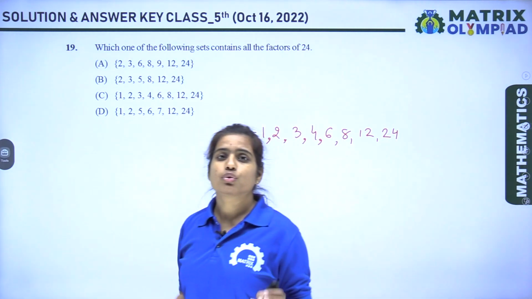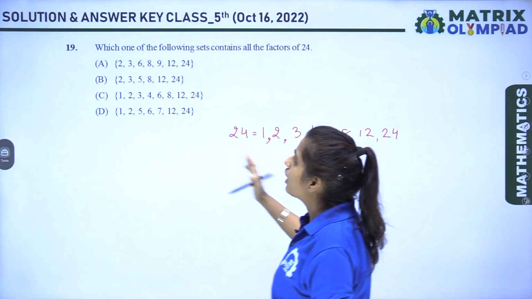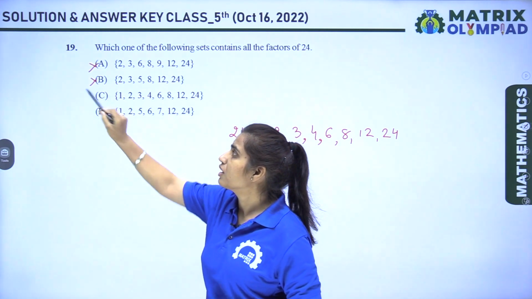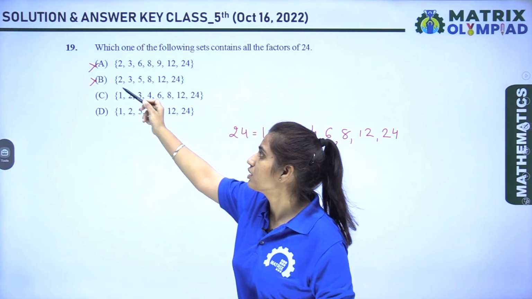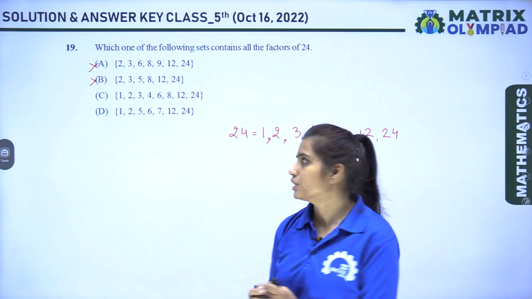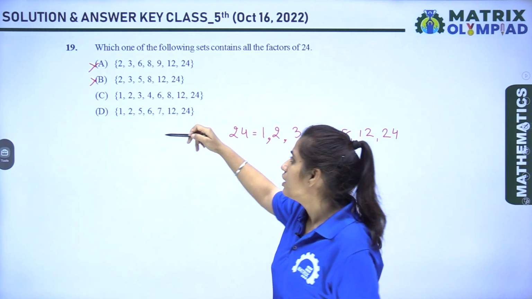So here we have to check in which set all these factors are arranged. Now here option A and option B is incorrect because it does not contain 1, as 1 is the factor of all the numbers. So we have the options C and D.